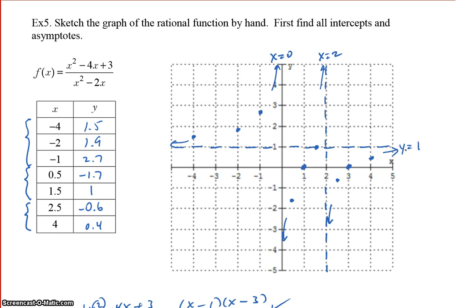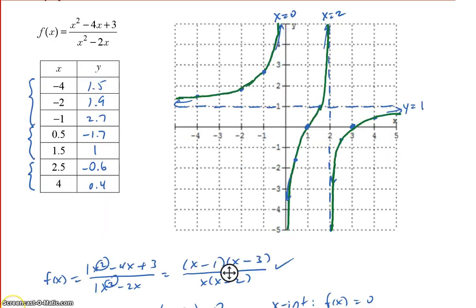And then we'll just connect the points themselves with smooth curves. So I just paused the video for a moment so I could sketch in the curves, and you can see what the final graph looks like.